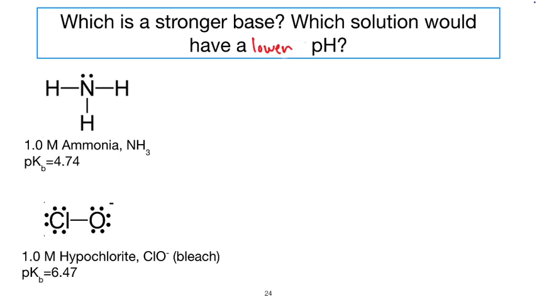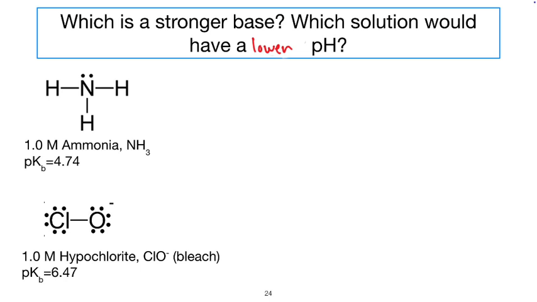Well, if you knew which one had the higher pH, which one's going to have the lower? All right. Why hypochlorite? It's a weaker base. So we know the other one is producing more hydroxide ions, therefore going to have a higher pH. If we flip that up in the lower, that could mess with us.